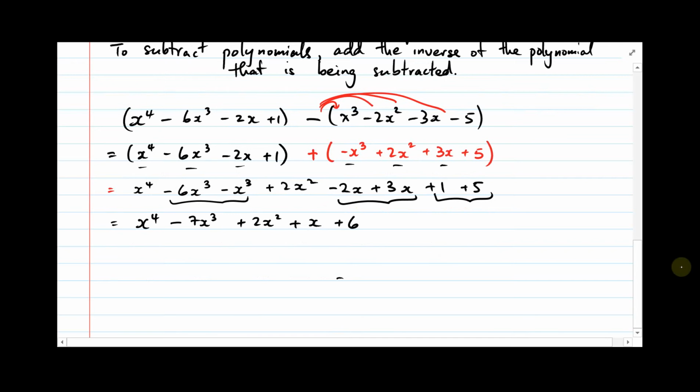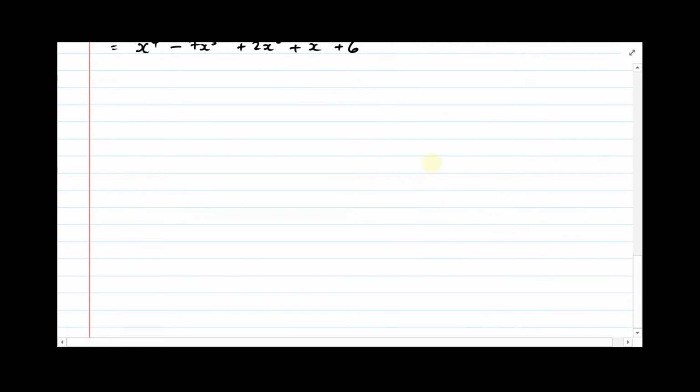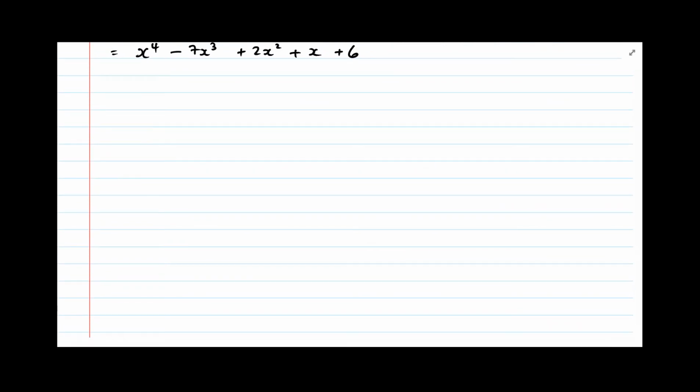Alright, let's look at subtracting these polynomials in a vertical fashion. And we're really going to look at them in two ways. One way we can do a mental method, and then the other I'm actually going to show all the steps.